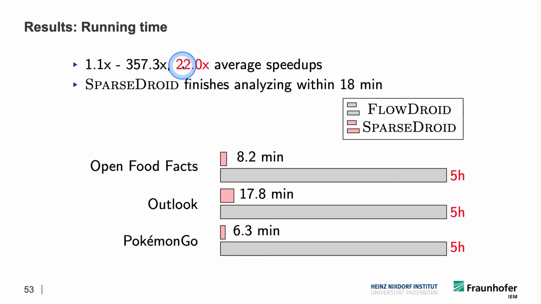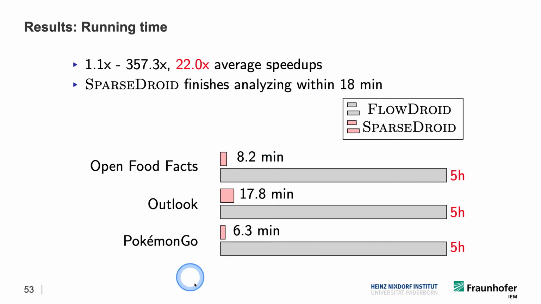So that's still pretty substantial. And on average, Sparse finishes analyzing the apps that were tested within 18 minutes. So that's still a longish time, considering the apps. But you will see actually that it's a lot better than what was possible with the original FlowDroid.